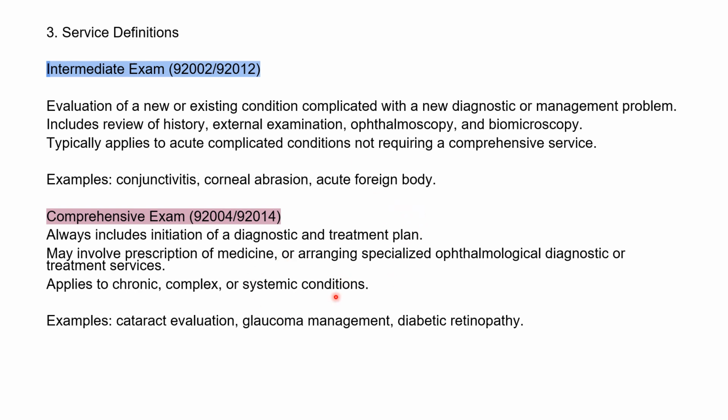As far as comprehensive services are concerned, they always include initiation of a diagnostic and treatment plan, but may involve prescription of medicine or arranging specialized ophthalmological diagnostic and/or treatment services, which applies to chronic, complex and systemic conditions. For example, cataract evaluation, glaucoma management and diabetic retinopathy. So this is the basic difference between intermediate and comprehensive.